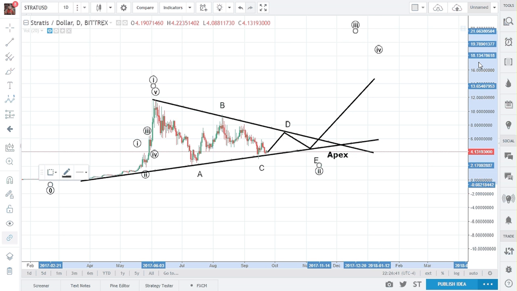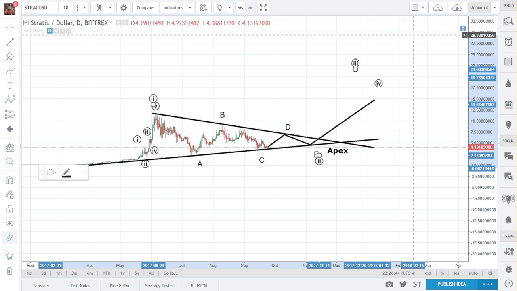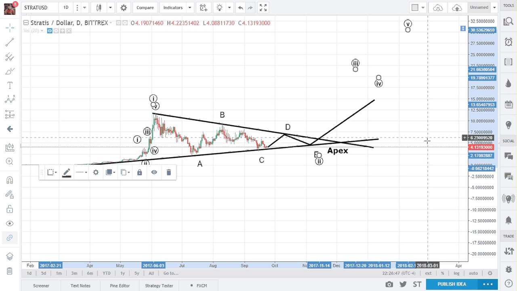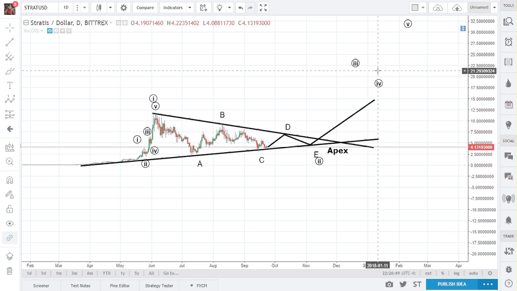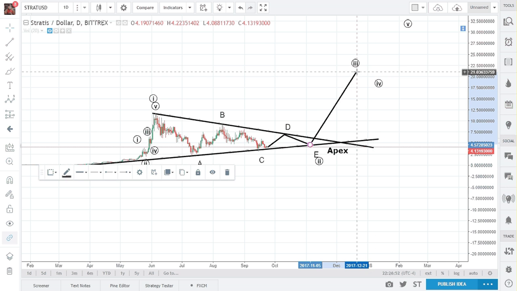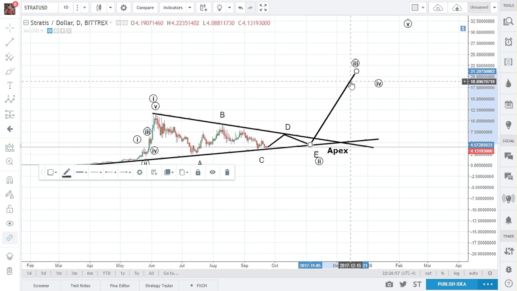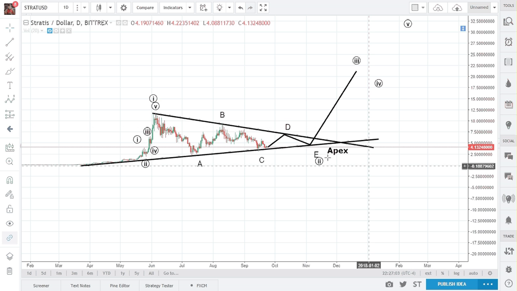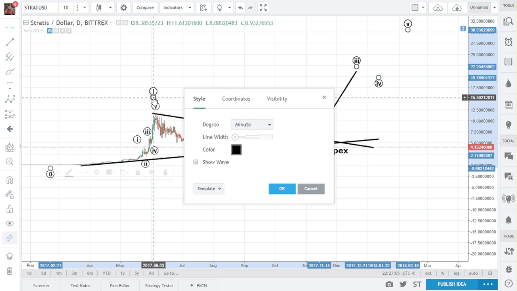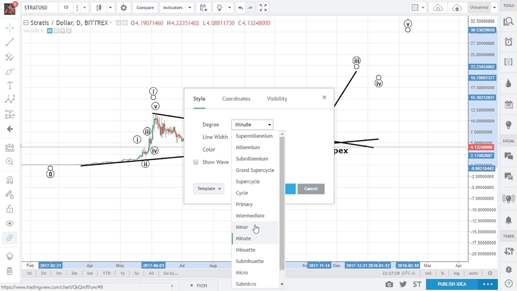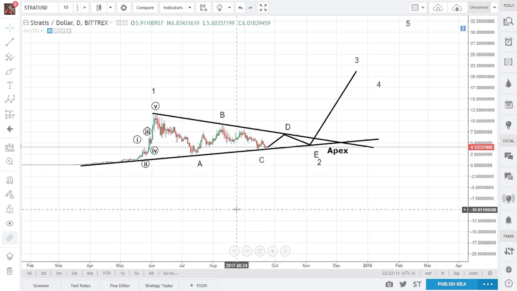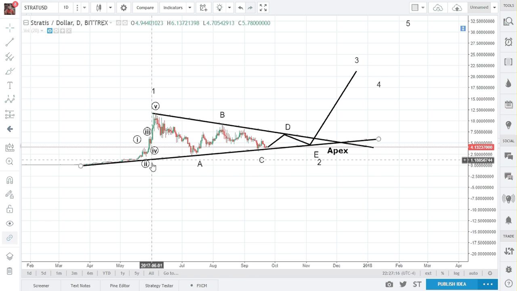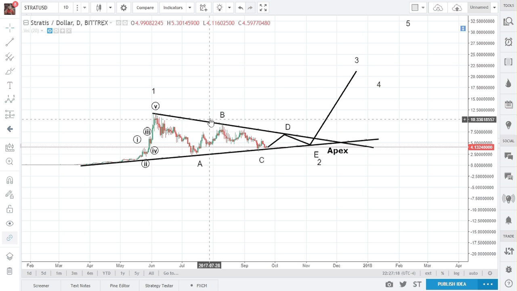Three, 4, 5. Usually when this surges out, quite often it is parabolic, or close to being parabolic. Okay? So 1, A, B, C, D, E, 2.